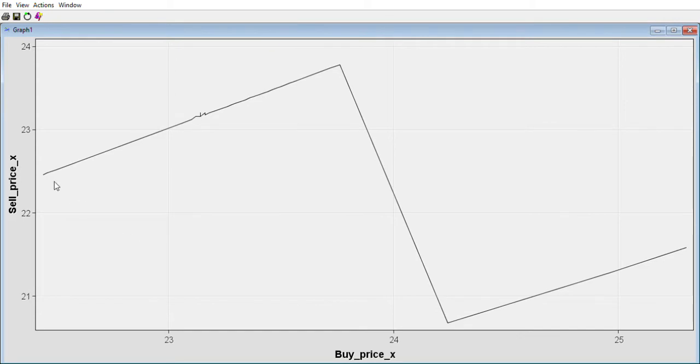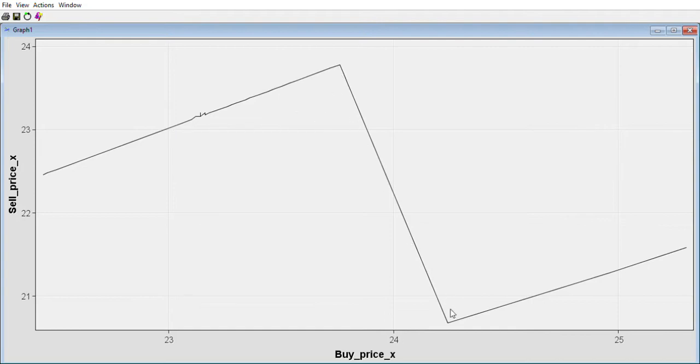What we see here with the rising trend is that as the selling price increases, meaning the customers who want to sell are asking for more price, the buying price also increases. So this trend is a linear good trend, telling us that there is demand. The buyers are willing to pay the sellers whatever price they want.